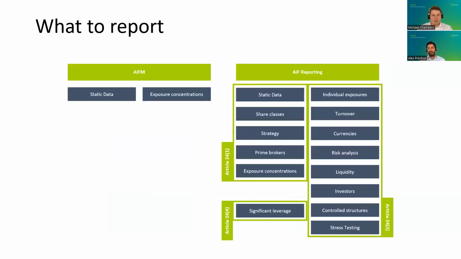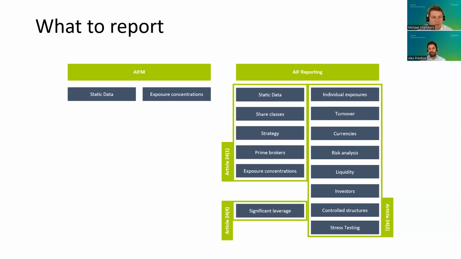The next thing to mention is around the reporting content, or what to report. The manager doesn't send any information about the management entity itself. When we talk about the AIFM report, we refer to a degree of static data that's pretty regular and unchanging quarter by quarter.